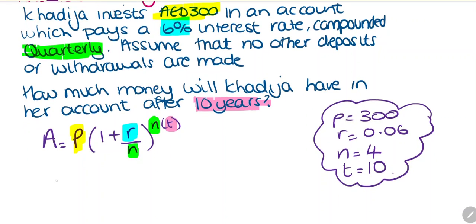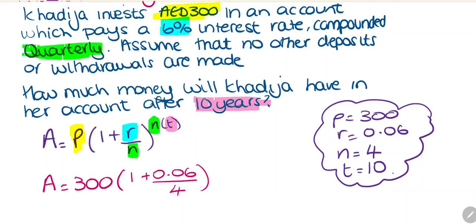So to work out the amount, we have 300 times 1 plus 0.06 divided by 4, because it's 4 payments in a year, and this is to the power of 4 multiplied by 10. Now, don't make the mistake of putting 1 plus 0.06 divided by 4 without the brackets in the right place, because that will give you a different answer. So make sure you do this correctly.